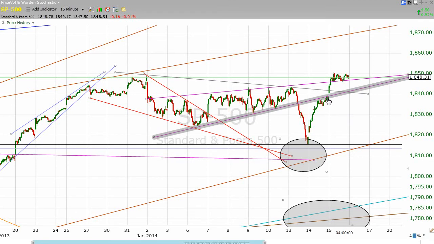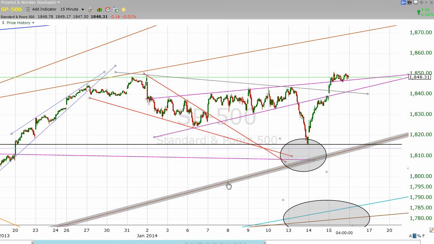Perhaps there's some mitigating circumstances with the reasoning behind this move, or maybe the reason we bounced here is because we were just close enough to this cluster of support lines that this resiliency down here around 1816, 1815, just there was too much support down here for us to see much more than what we got.